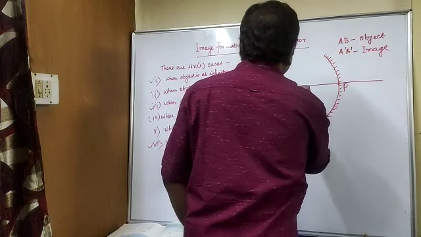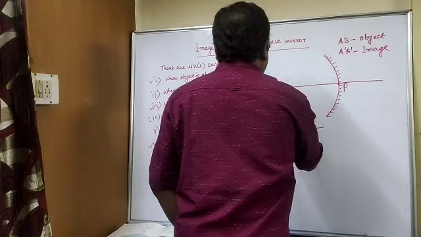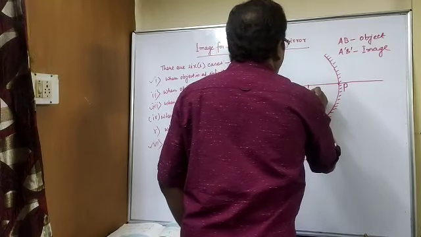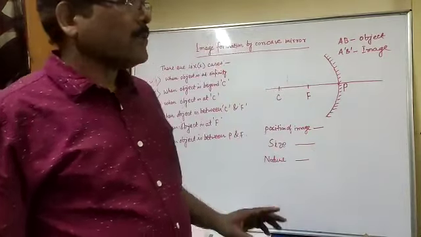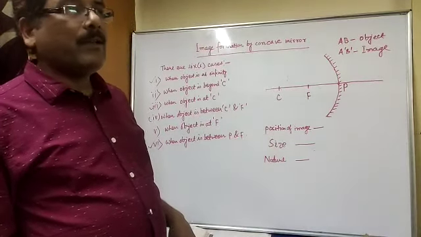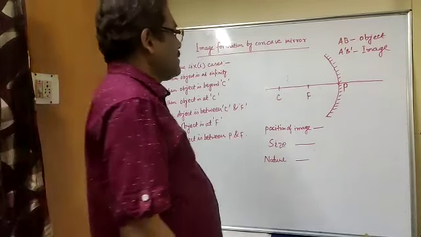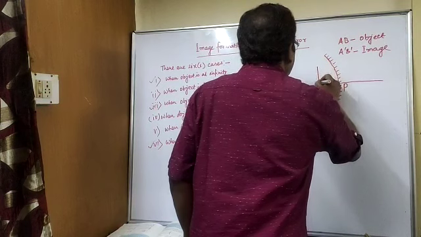Then mark a point P at the center of the reflecting surface. Suppose this is the center of curvature and this point is the principal focus. So this time the object is between pole and focus. So place the object between these 2 points.